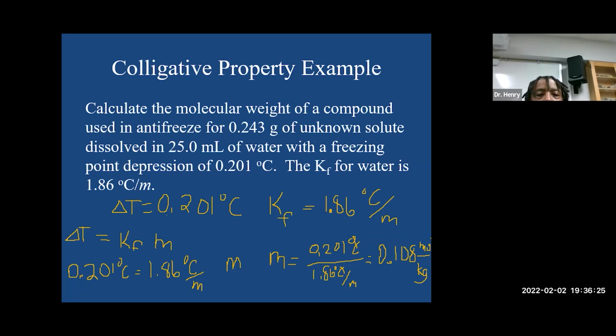So we want to calculate the molecular weight, not the molarity, of a compound used in antifreeze for 0.24 grams. Okay, so then what are we going to do now?